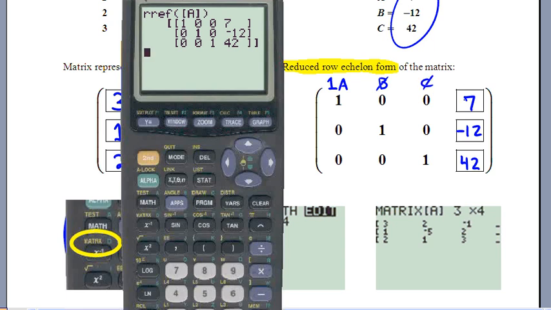So that's exactly what I want to know if I want to know A, like how much is 1A worth? And the second row says no A's, but 1B, and no C's is -12. Well, that's telling you what B is. And similarly for the last row, no A's, no B's, but 1C is equal to 42.